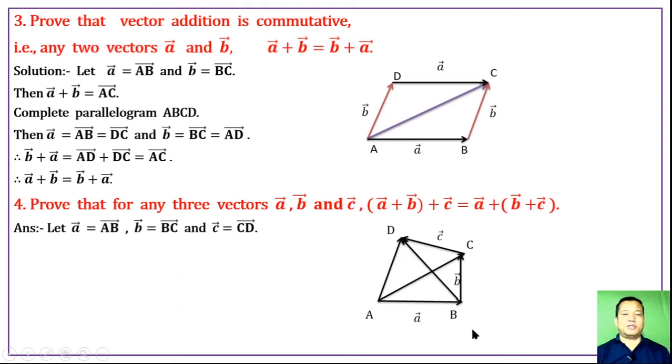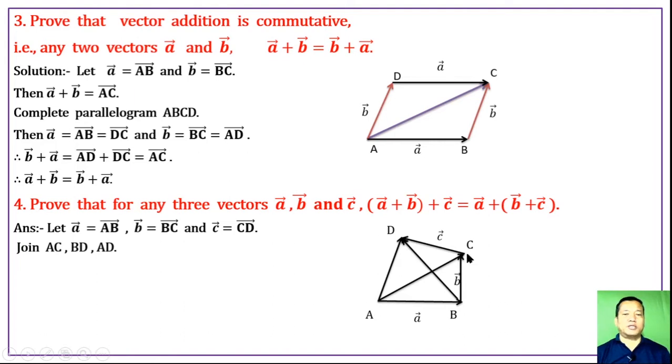Let A vector be represented by directed line segment AB, B vector by directed line segment BC, and C vector by directed line segment CD.